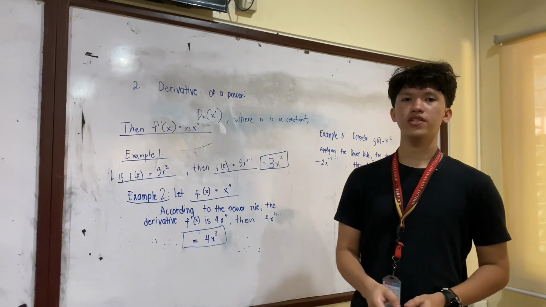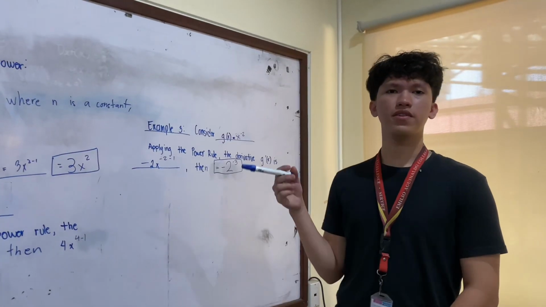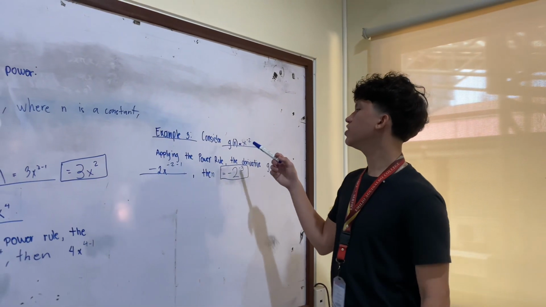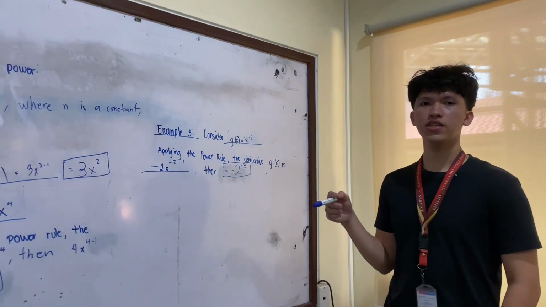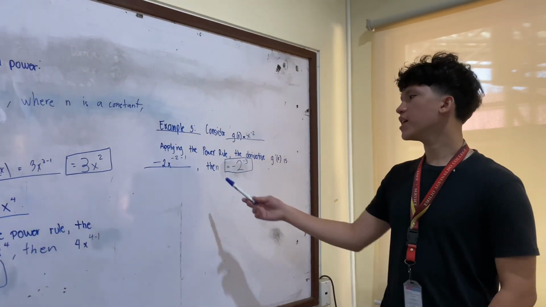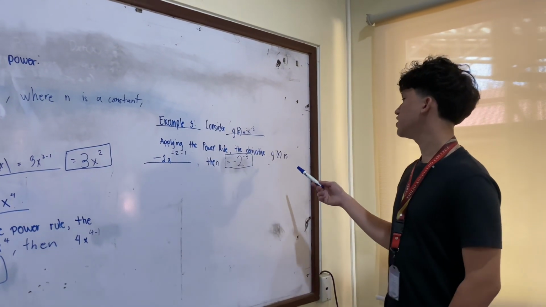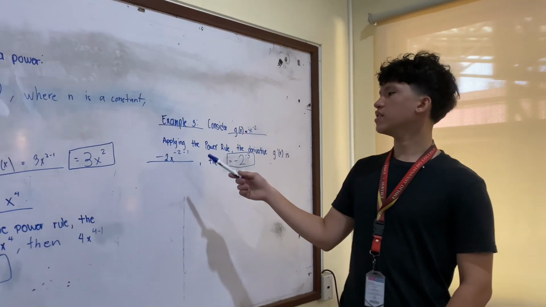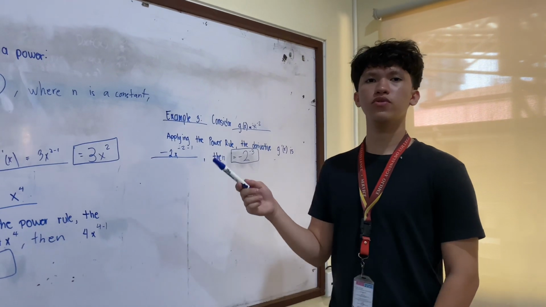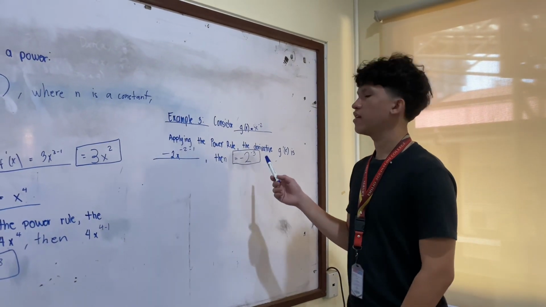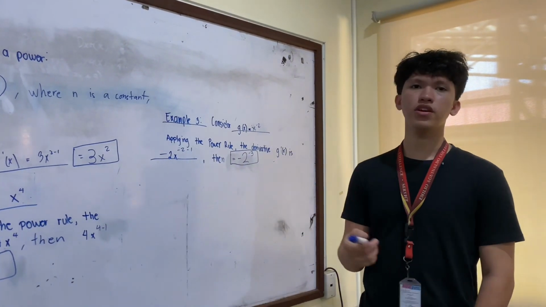Then the answer is 4x cubed. Example of theorem number 2. Consider g of x is equal to x raised to negative 2. Applying the power rule, g prime x is negative 2x raised to negative 2 minus 1. Then, the answer is negative 2x raised to negative 3.